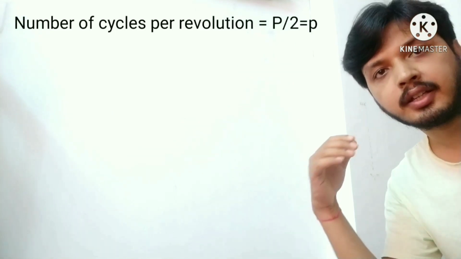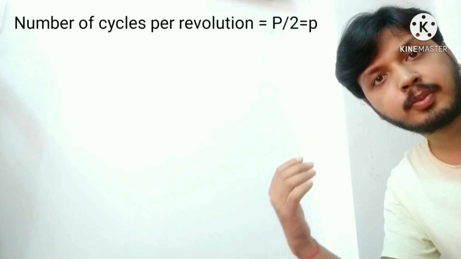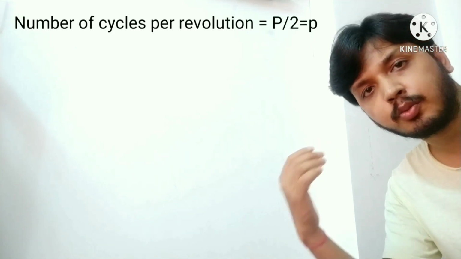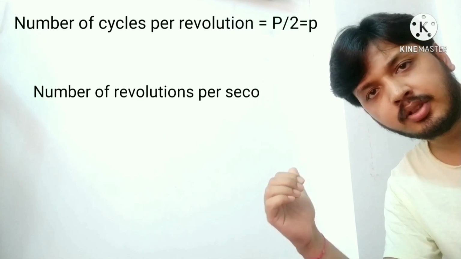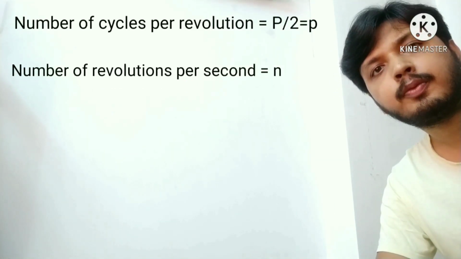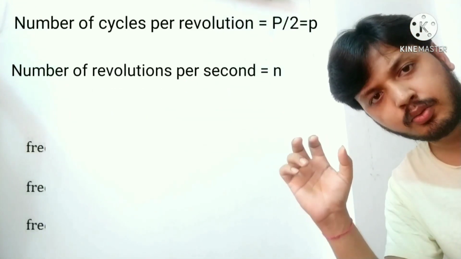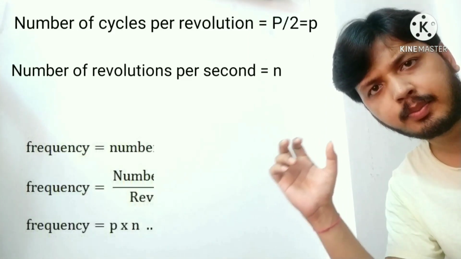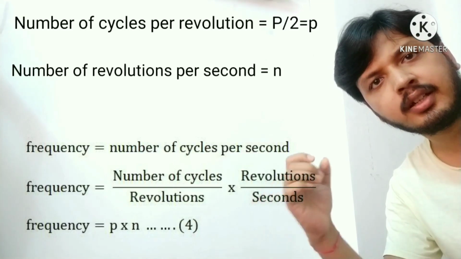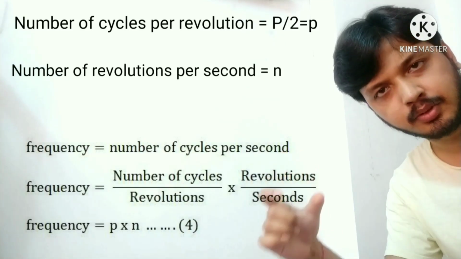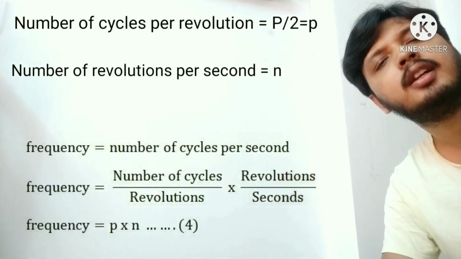Therefore, cycles per revolution will be small p, and revolutions per second will be small n. Now we know that frequency is the number of cycles per second. We can write it as the number of cycles per revolution times revolutions per second.